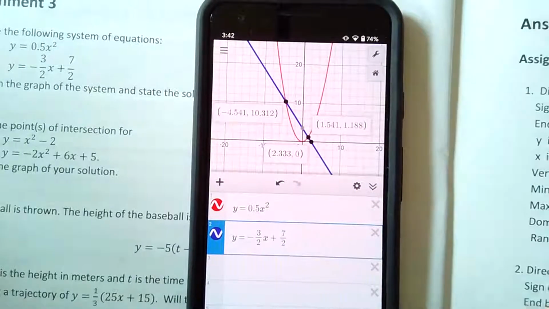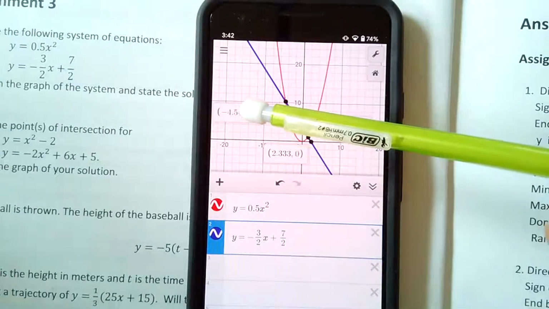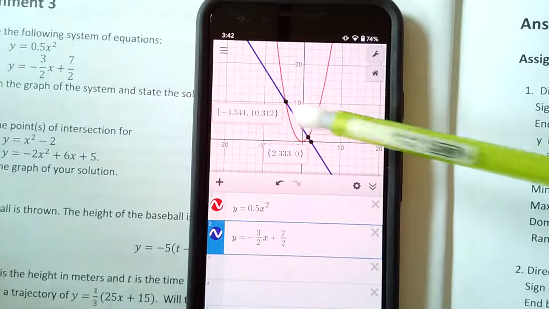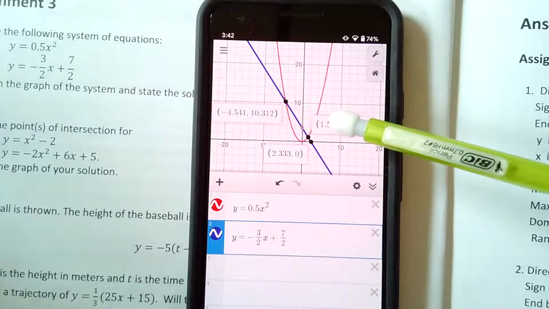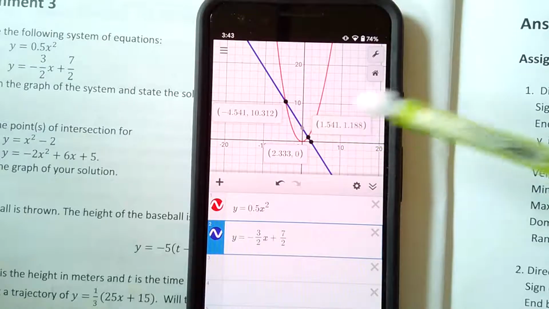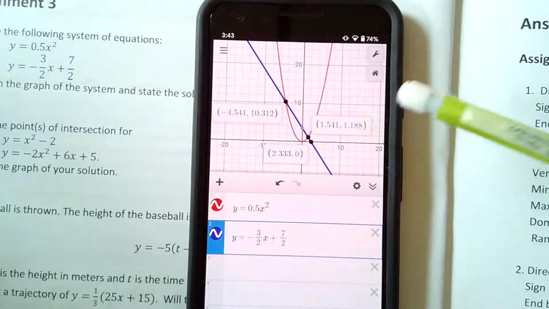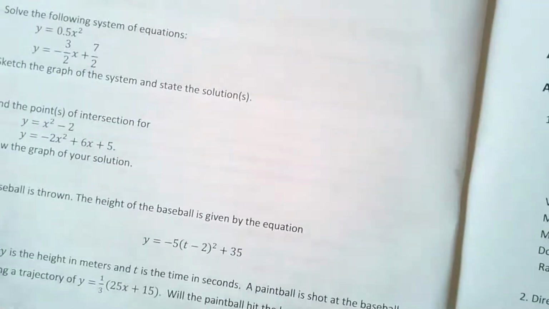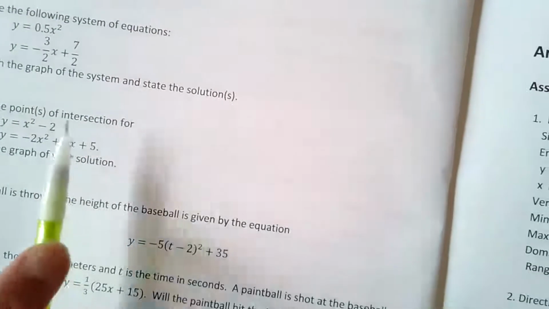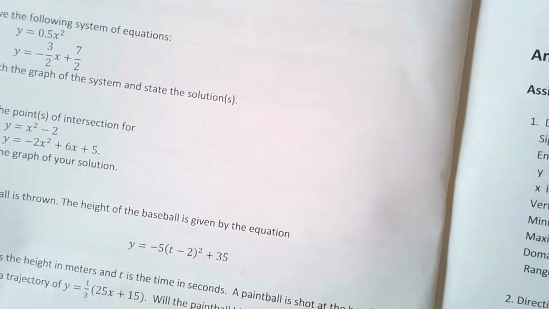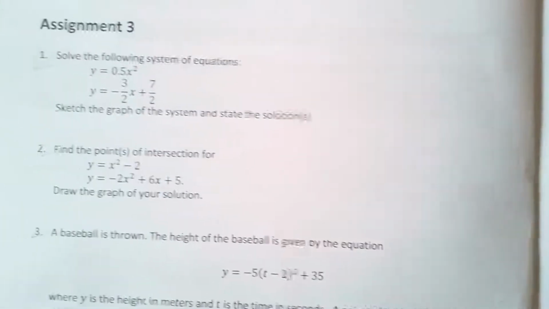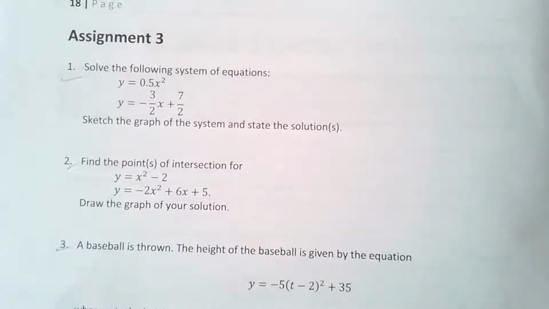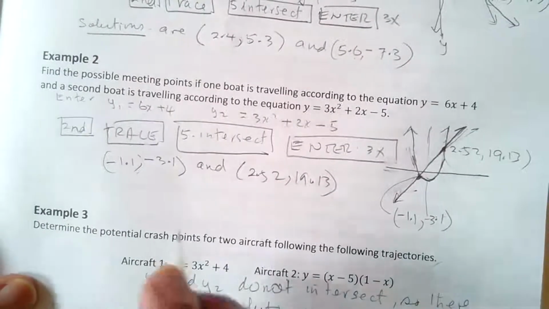So those are my solutions. So that's finding a system of equations. It's a matter of entering the 2 equations into your calculator and finding where they meet. If they do not meet, we say they have no solutions. For example, the last one here has no solutions.